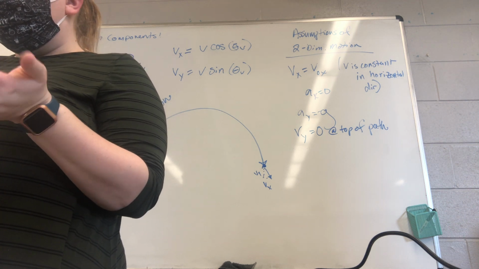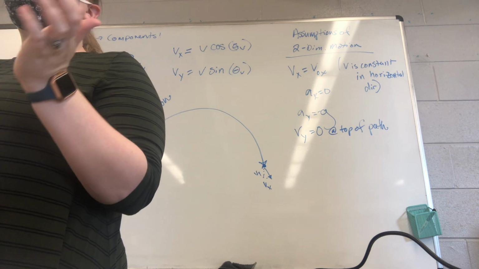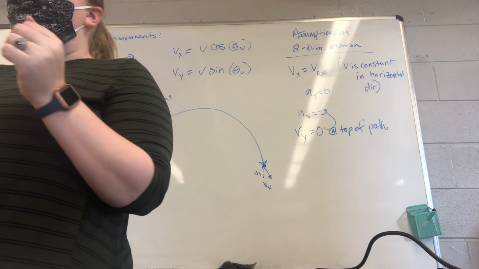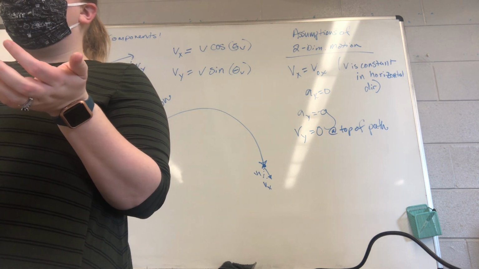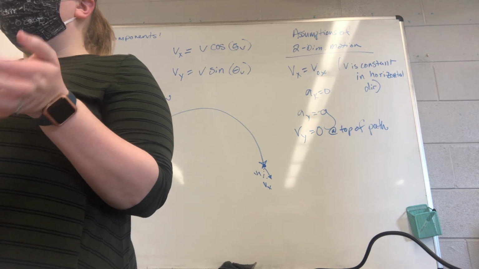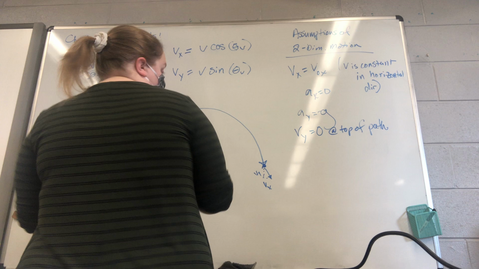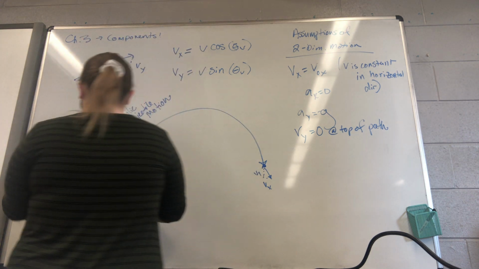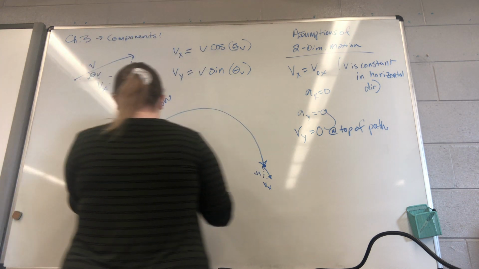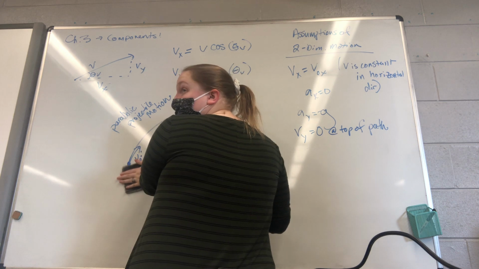This is the chapter where we use protractors to measure angles, to draw vectors, where we did vector addition. So if we added two vectors together, the resultant was the sum of the two vectors.